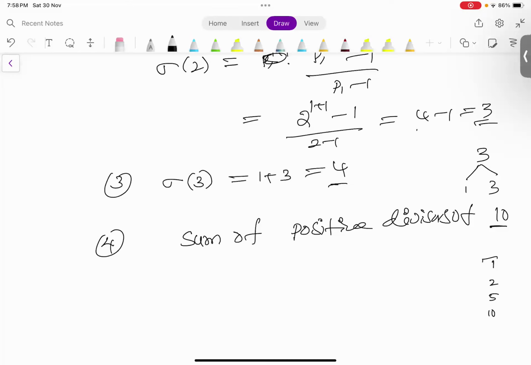So there are 4 divisors, the number of divisors tau of 10 is equal to 4. Then 1 plus 2 is 3, plus 5 is 8, plus 10 is 18. The answer is 18.